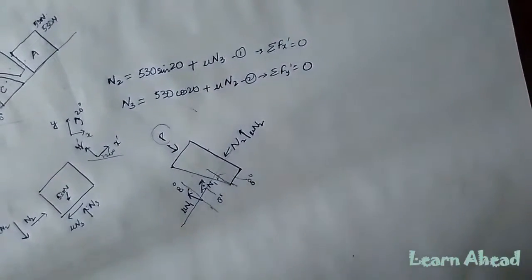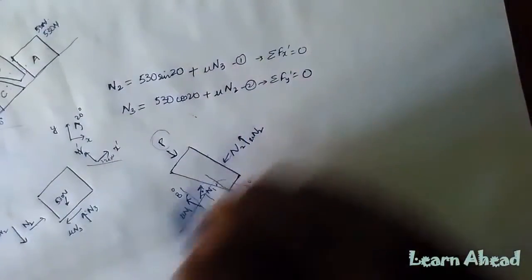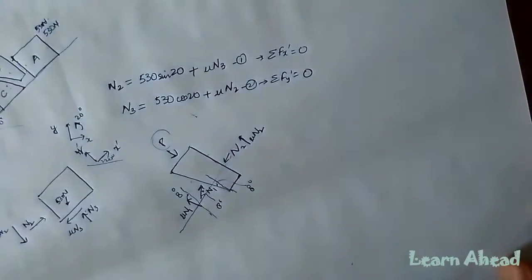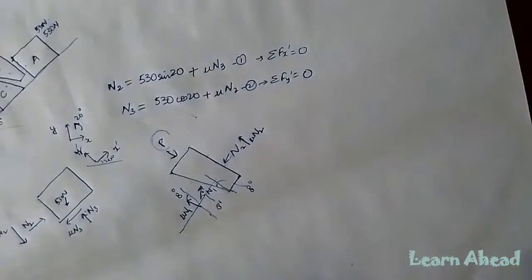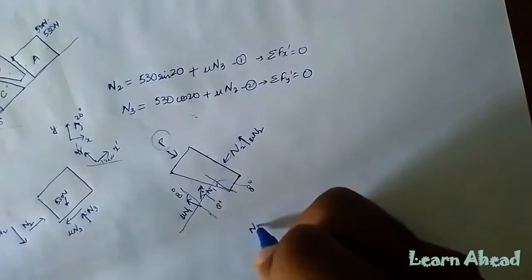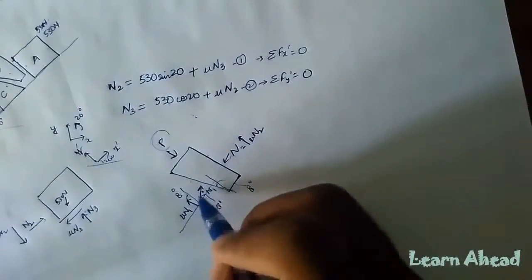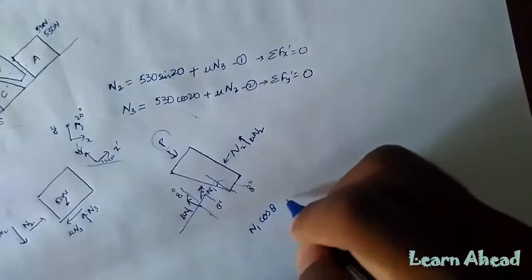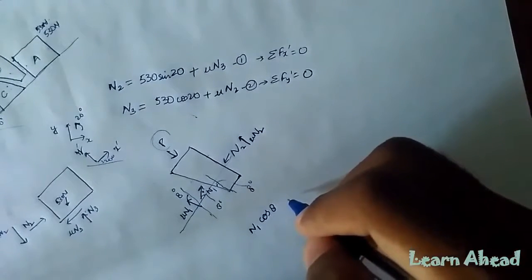So sigma Fx dash equal to 0. We are just going to equate the forces along the x dash axis because there is no movement, because the motion is just impending, the critical case. So what I am going to say is that N1 cos 8. And is there any more force there?